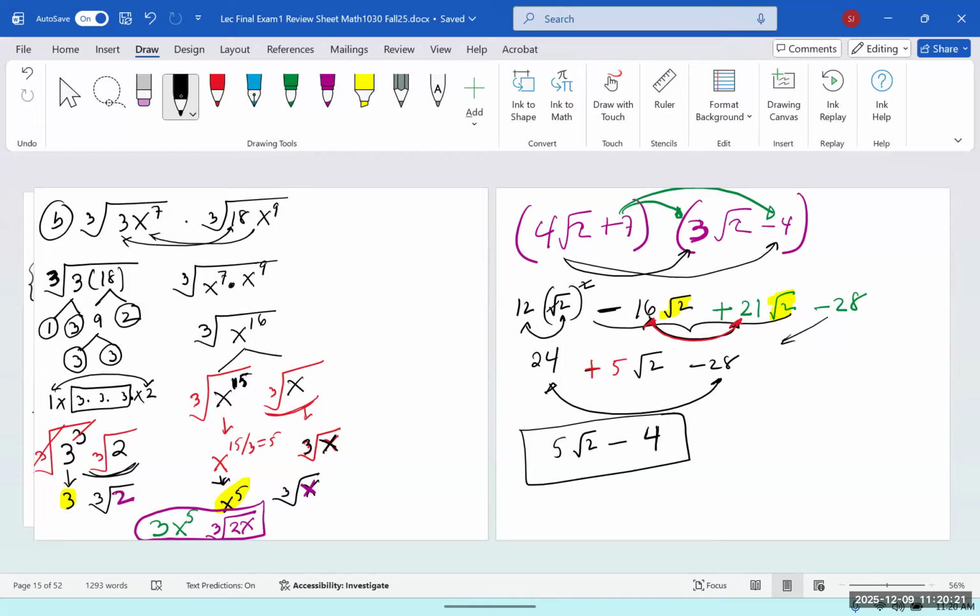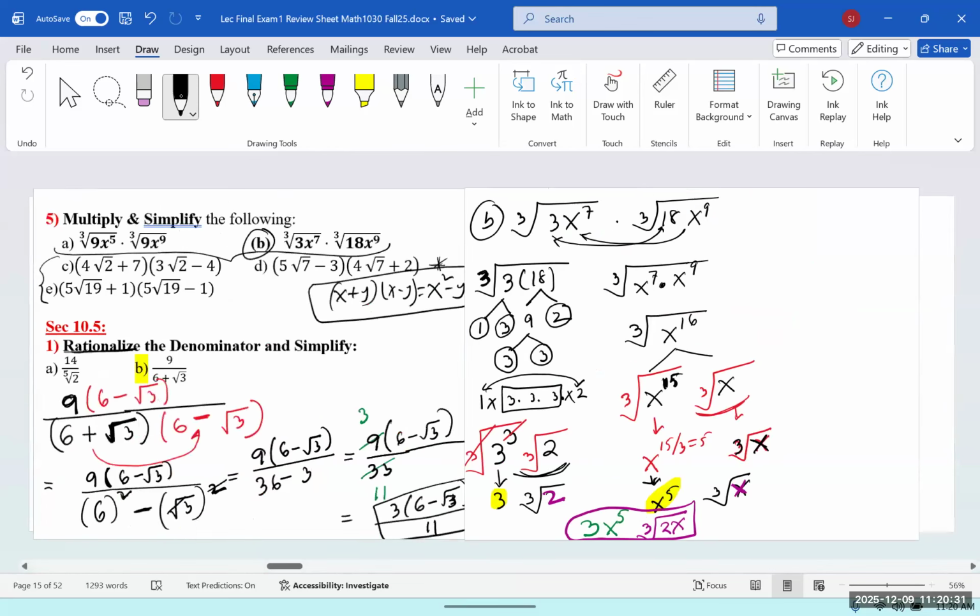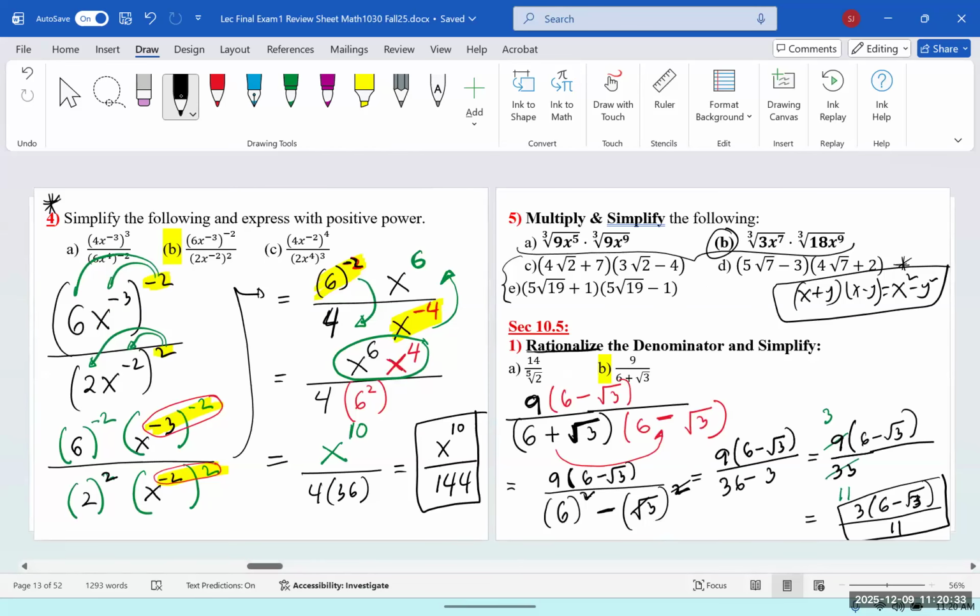When you do conjugates, you can still do FOIL, but for conjugates, your answer is easy. You just square each quantity, each base, and you subtract them. For example, these two are conjugates. So if you want to FOIL, you can FOIL, but you don't have to FOIL. All you can do is square this quantity and square that quantity.